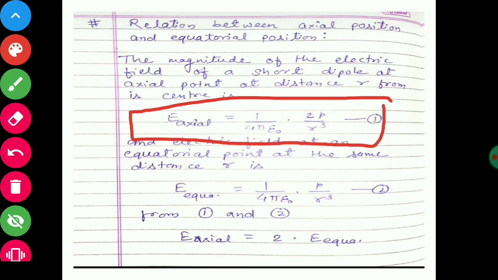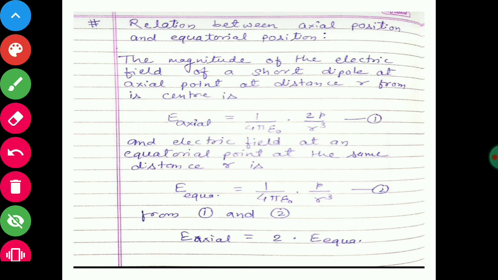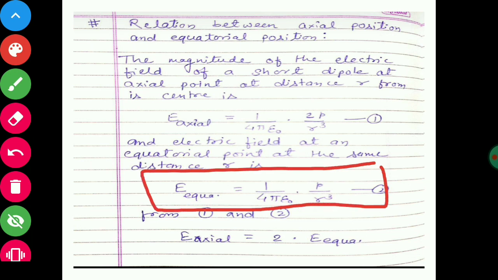the electric field intensity is 1 by 4 pi epsilon naught into 2p by r cube. And the electric field at an equatorial point at the same distance r is 1 by 4 pi epsilon naught into p by r cube.